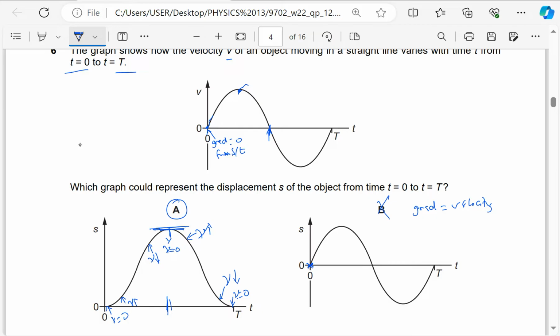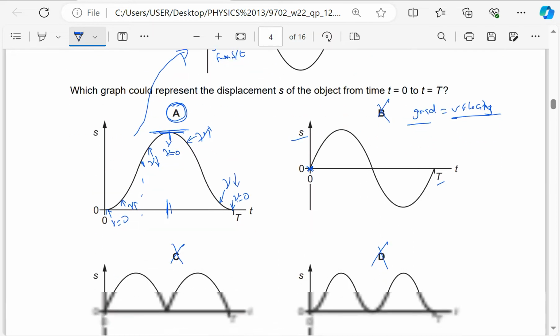The velocity increases to maximum, then it decreases to 0. So somewhere in between here, the velocity goes to maximum. Remember, the gradient of a displacement time graph is the velocity. So when I find the gradients of the graph A, I get that second graph. So the answer is going to be A.